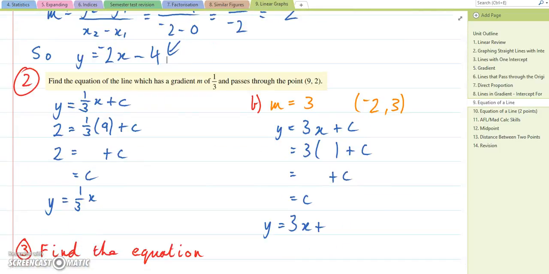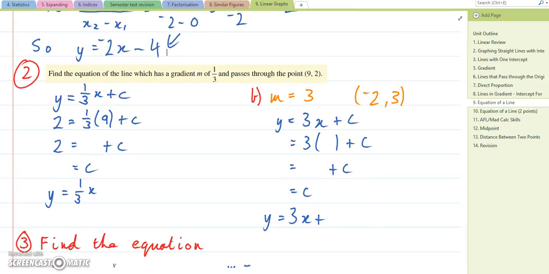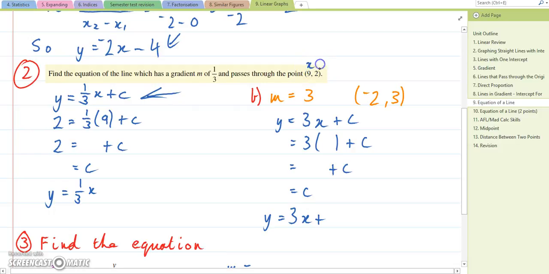You might get equations where you're given the gradient and a point on the line. The first step is to rewrite it with the gradient in the equation. So in this case, y equals 1/3 x plus c. Then sub in your x and y values: 2 for y and 9 for x. 1/3 times 9 is 3.